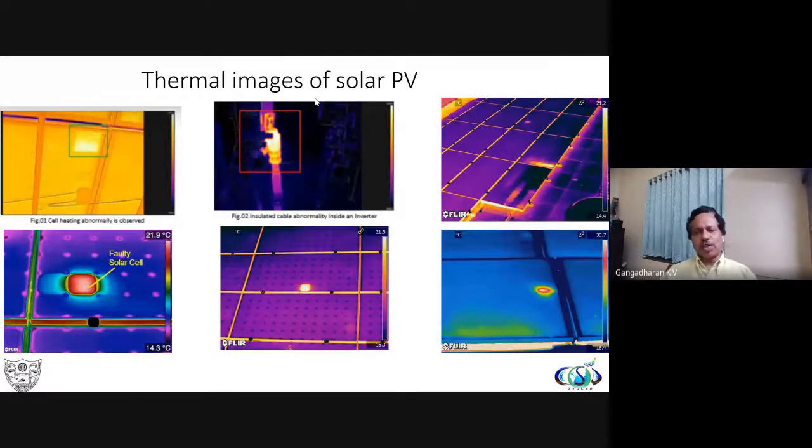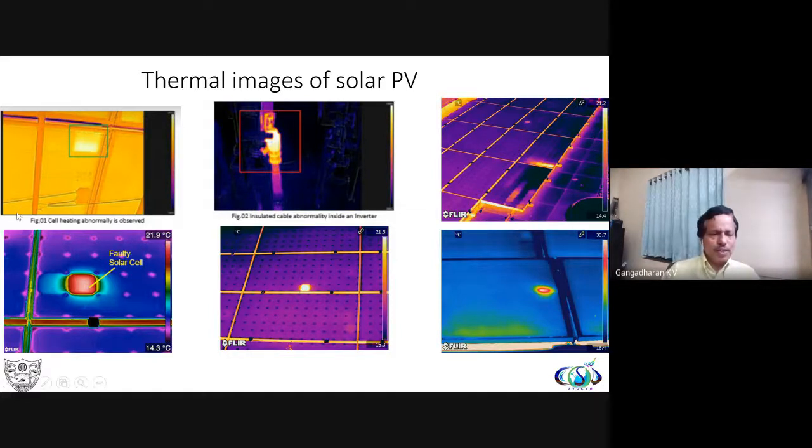Just taking a picture alone will not help us. We need to see what really is heating up. If you look at the second picture, where I am moving the cursor, you should be able to see my cursor moving slowly. There, you can see it is the connector that is quite hot. Whereas when I come here, one cell heating abnormally is observed.